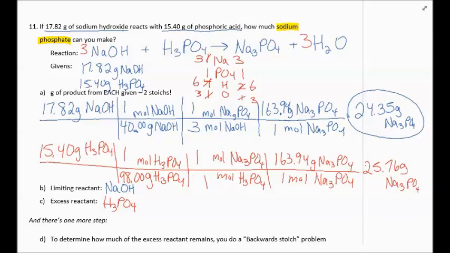We've produced 24.35. Just a word of warning: when you have a limiting reactant problem on a quiz or a test, don't circle both, because that doesn't tell me that you know which one is your limiting reactant. It's a good idea to always write this part out. So write limiting reactant, or LR, is sodium hydroxide, ER is H3PO4, just to help clarify your answer.